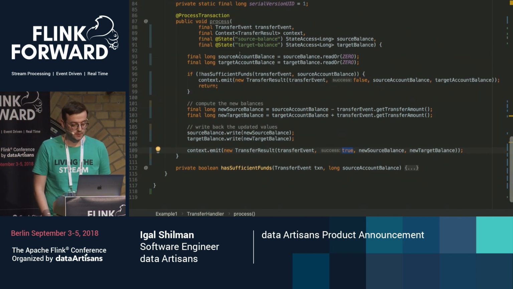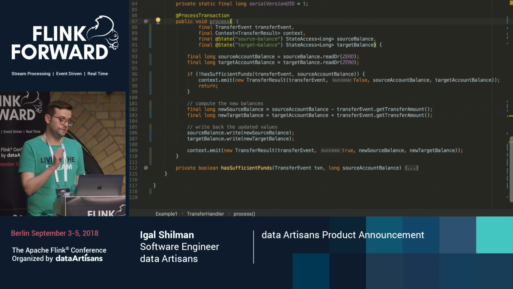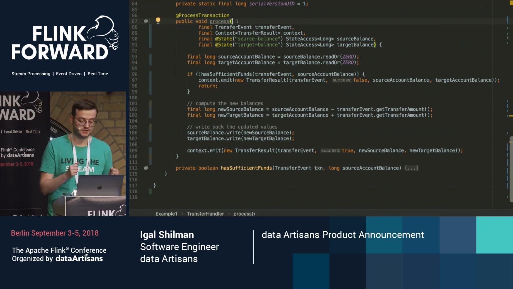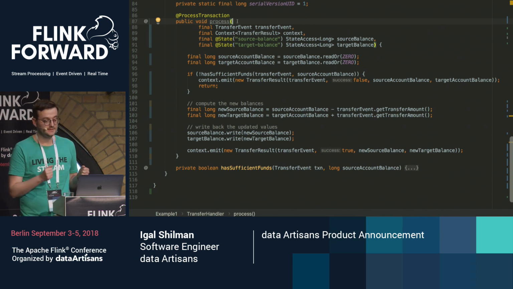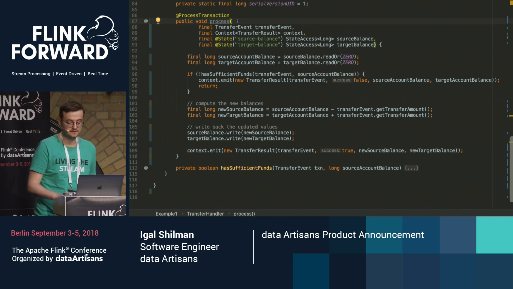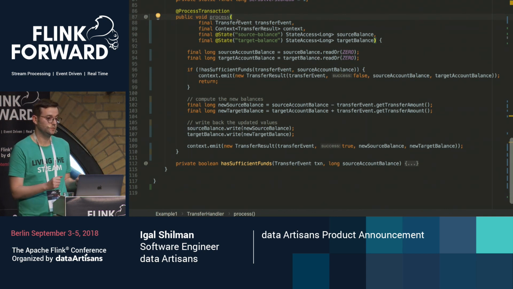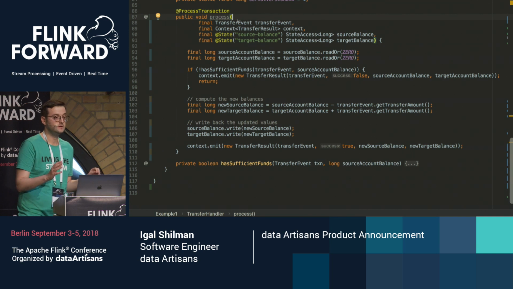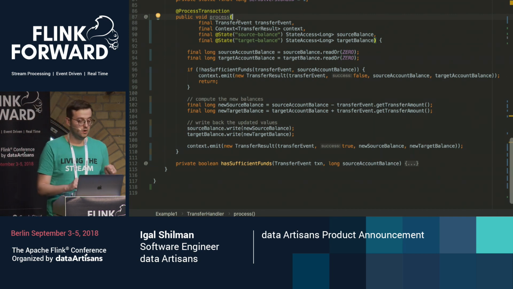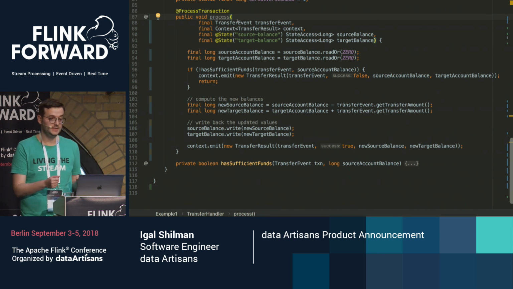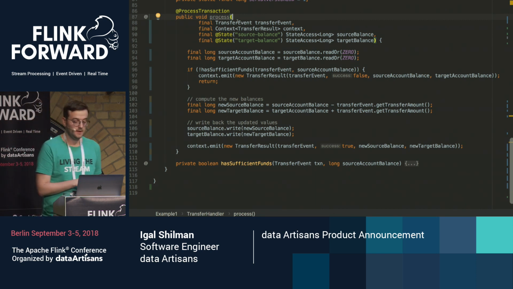What is important to point out here is that an invocation of this function will be transactional with ACID guarantees. What does it mean? First of all, it means that all the state access modifications will be either committed together or none of them will. Also, the events that are emitted will be wrapped together, so they will be either emitted atomically or not.